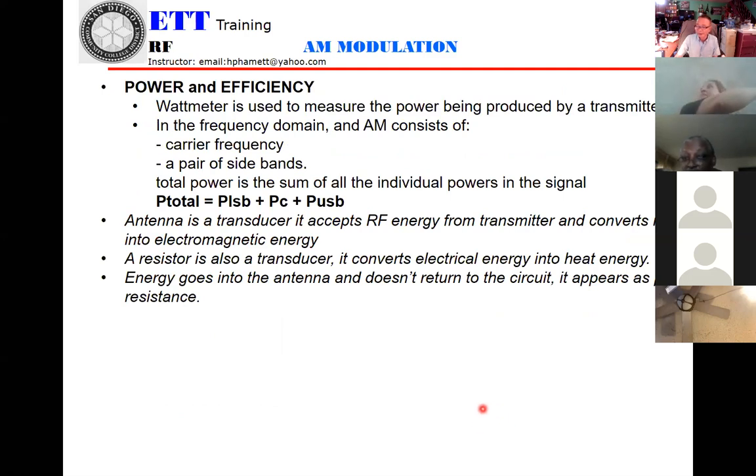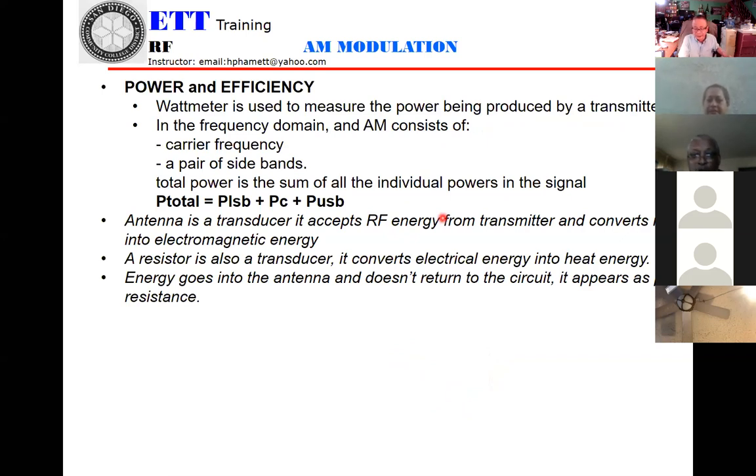Okay, so we quickly get through that one and we'll stop at power and efficiency. A watt meter is used to measure the power being produced by a transmitter. Basically you have a DMM.